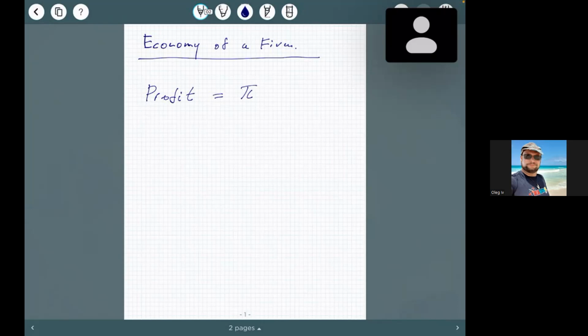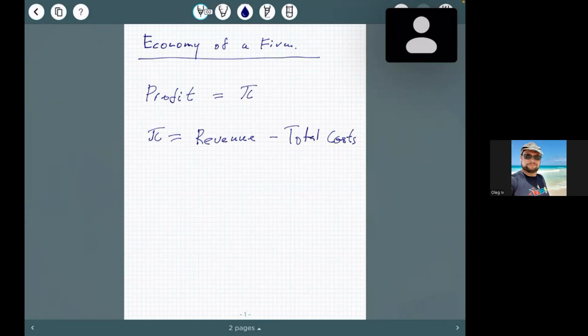So we have profit, and what profit is equal to is what we are going to optimize in this neoclassical setup. And that profit is very simple. It's revenue minus cost. In particular, let me write it explicitly, total cost. Very simple. So profit is the result of a company's operation.